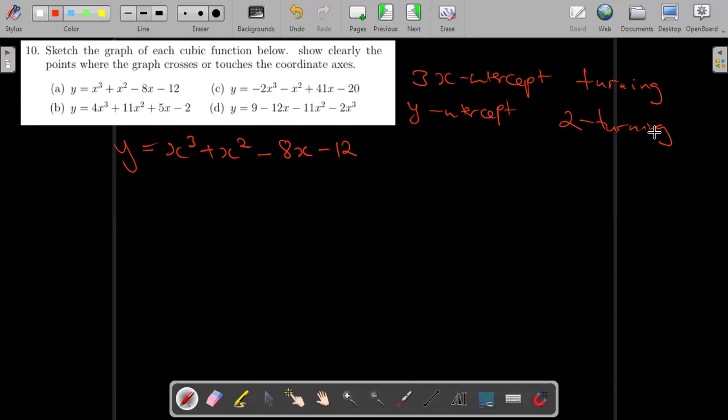Well, these are not the easiest to get. Remember, in a quadratic function, the turning point was given by negative b over 2a, and then you just get the value that way.